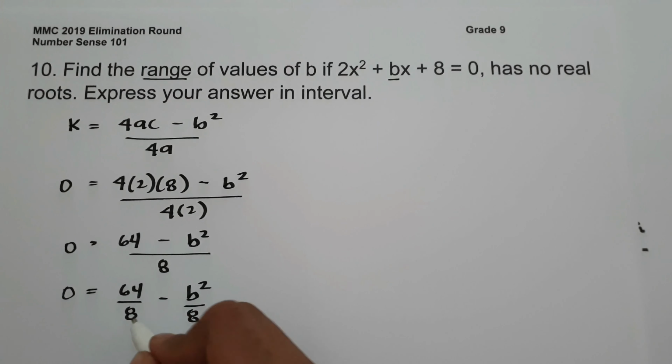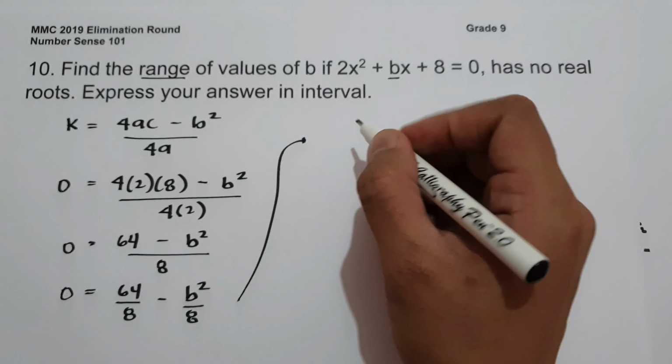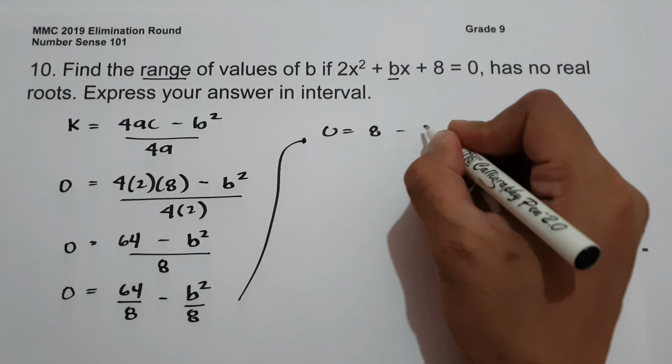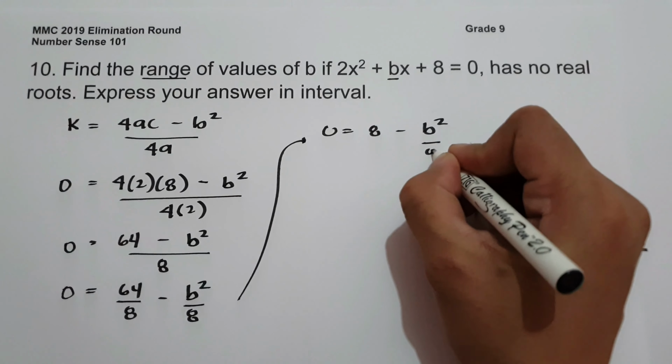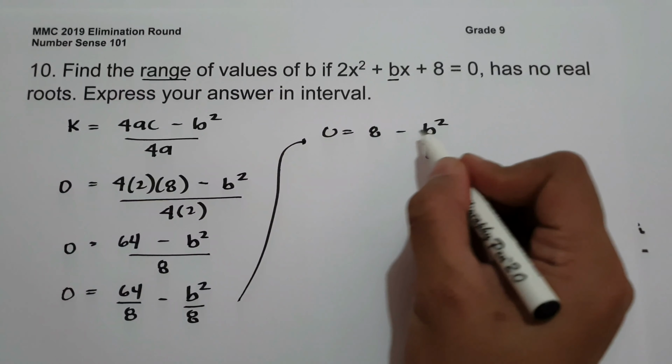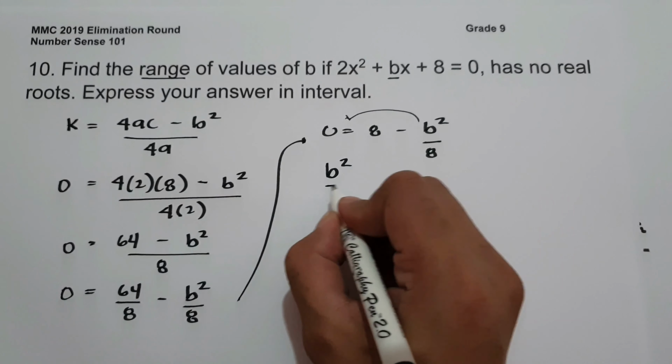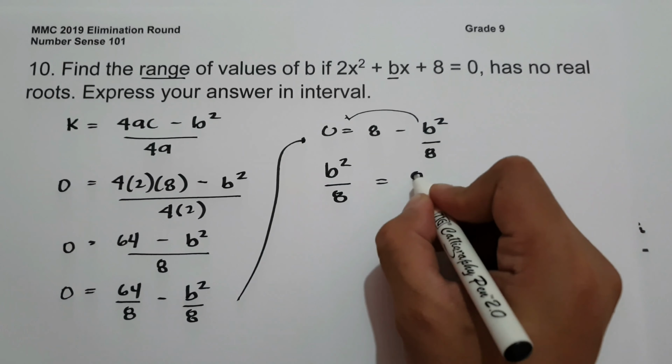So 64 divided by 8, that is 8, minus b squared over 8. So let us move negative b squared over 8 to the side of 0. That is b squared over 8 equals 8.